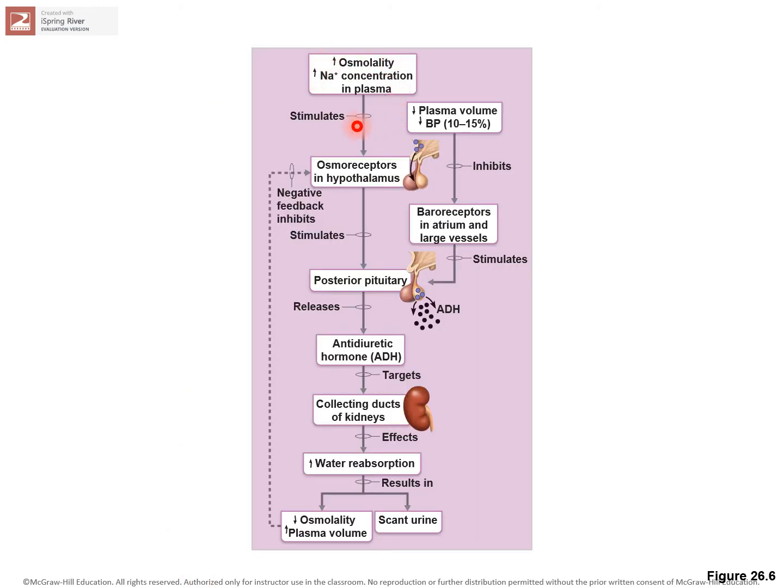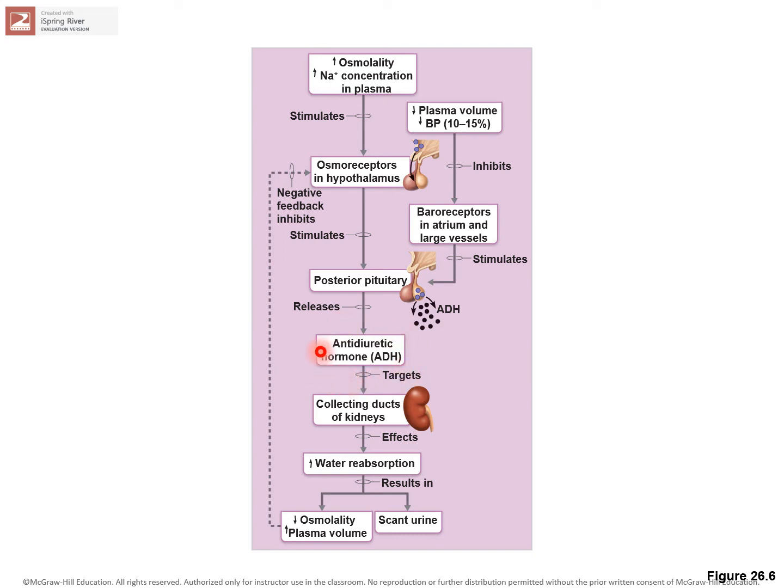So one of the most important mechanisms for water regulation is the action of ADH in the collecting duct in the nephron. Okay, so the epithelial linings in the nephron are mostly impermeable to water unless there are antidiuretic hormones present.